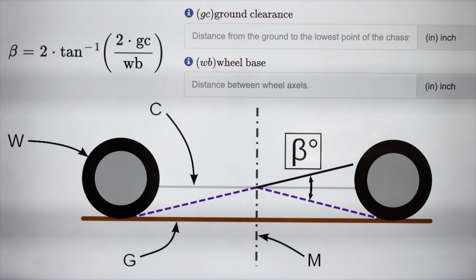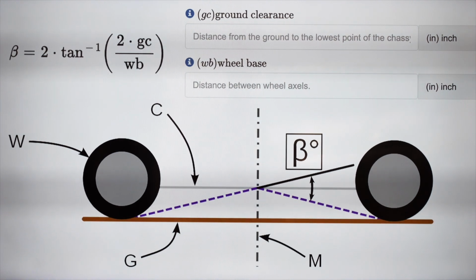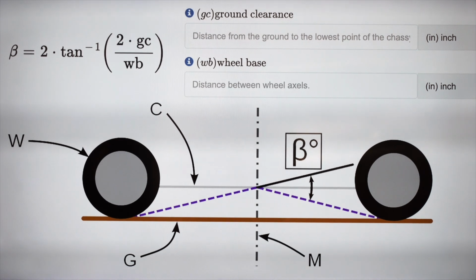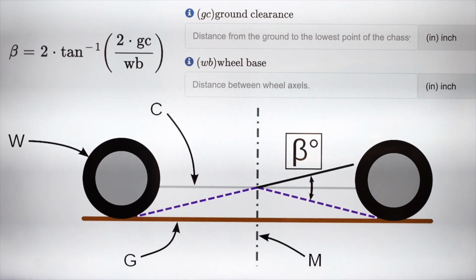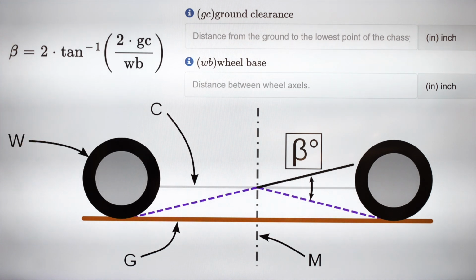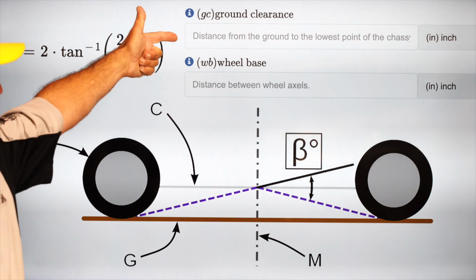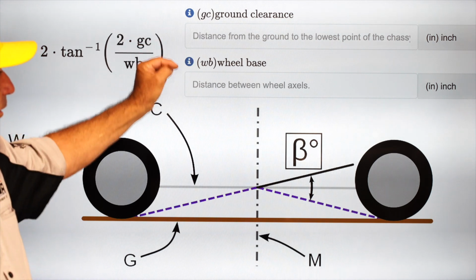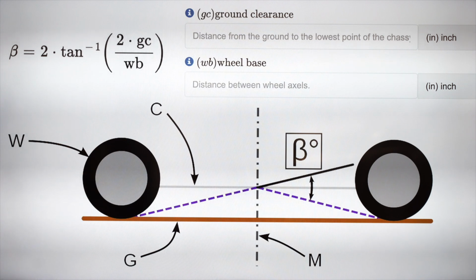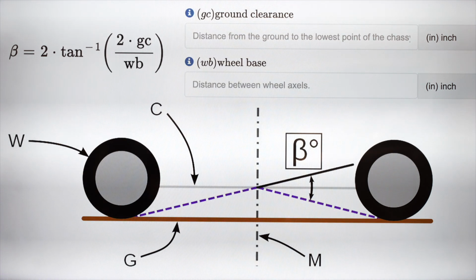All right, so over on our GenRight website, we've got a Tech Talk web page. And in there is a link to this breakover calculator. You simply enter in the number of inches of ground clearance you have and how long your wheelbase is, and it will calculate what your breakover is. The number you're after is 40.